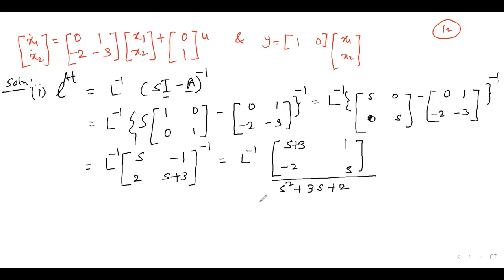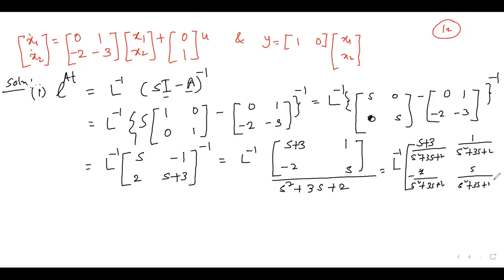So this is Laplace inverse of s plus 3 by s square plus 3s plus 2, 1 by s square plus 3s plus 2, minus 2 by s square plus 3s plus 2, s by s square plus 3s plus 2.